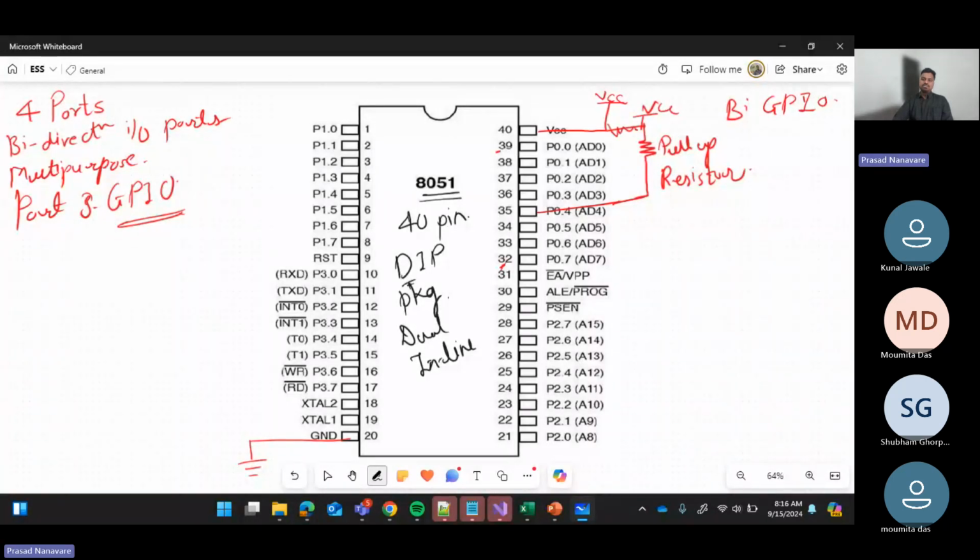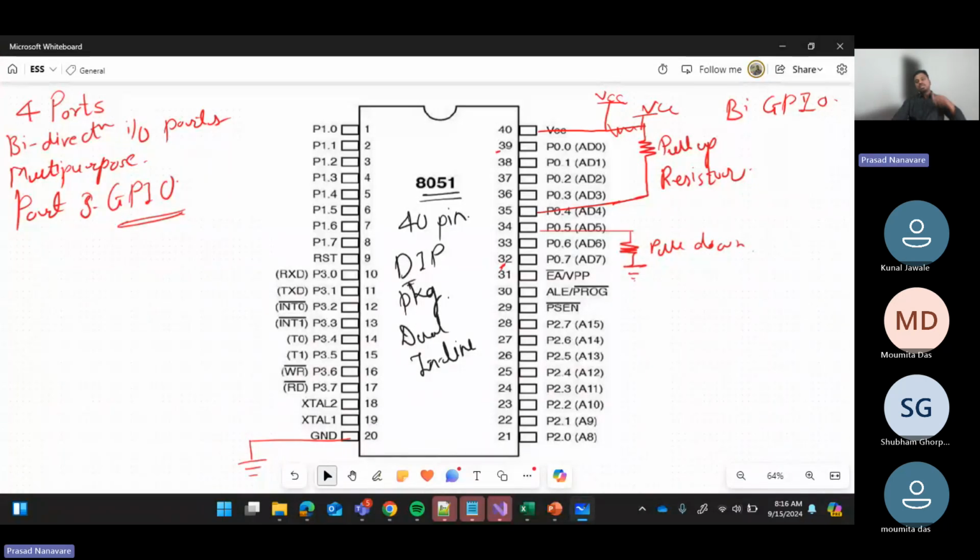What does a pull up resistor do? This resistor acts as a connection between the pin and our supply. This is pull up. Similarly, we have a pull down resistor. Pull down is basically the same connection, but you're grounding it. This is a pull down resistor.